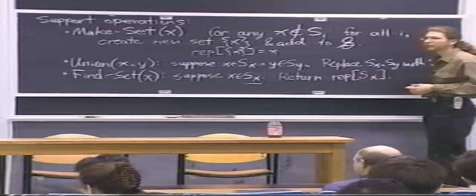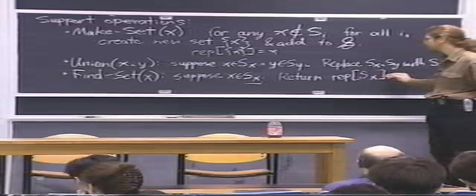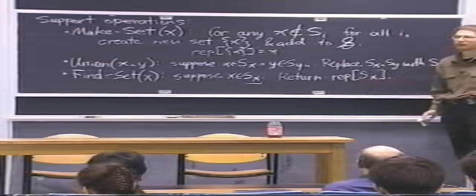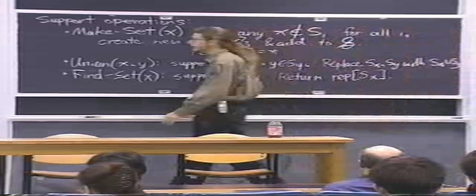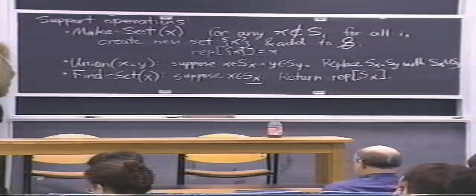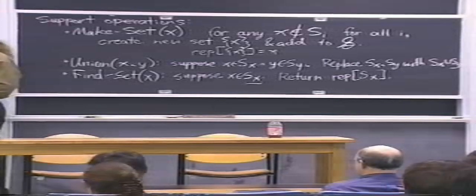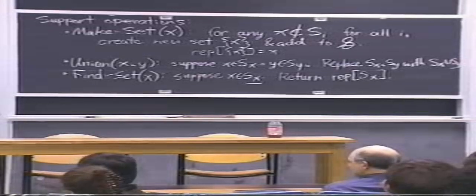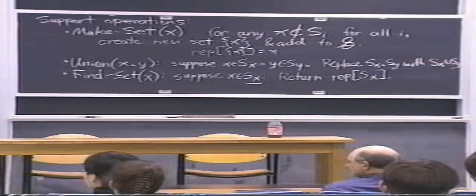Okay, which set do I belong to? Sort of what this is asking. Okay, but instead of returning the set, I'm going to return its representative. It's essentially the same thing. You can think of the representative as representing the set. That's why it's called representative. So either I want to find rep S_i, or I want to find S_i. Essentially the same idea. Having this representative will be more convenient for designing data structures.